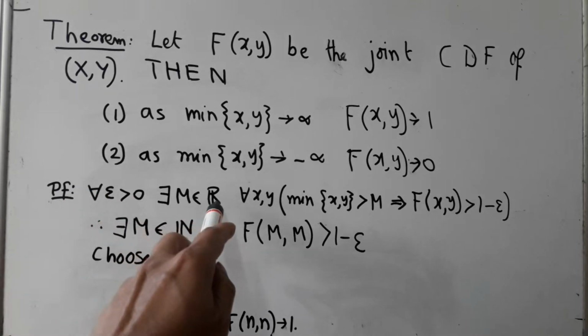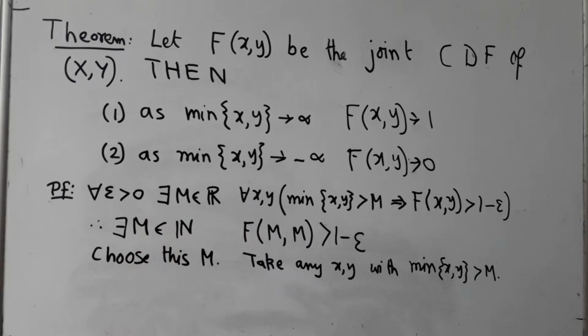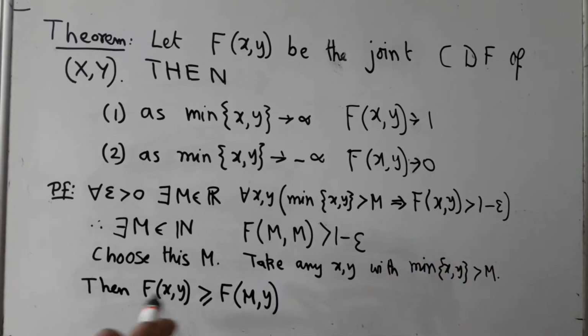Now my proof has come up to this, so I will now take x, y. Take any x, y with minimum of x, y greater than M. My duty is to now show this. Now this Fxy has to be greater than or equal to F of M, y. Why? Because minimum of x and y greater than M, that means x is also greater than M. So x is greater than M and y remains fixed.